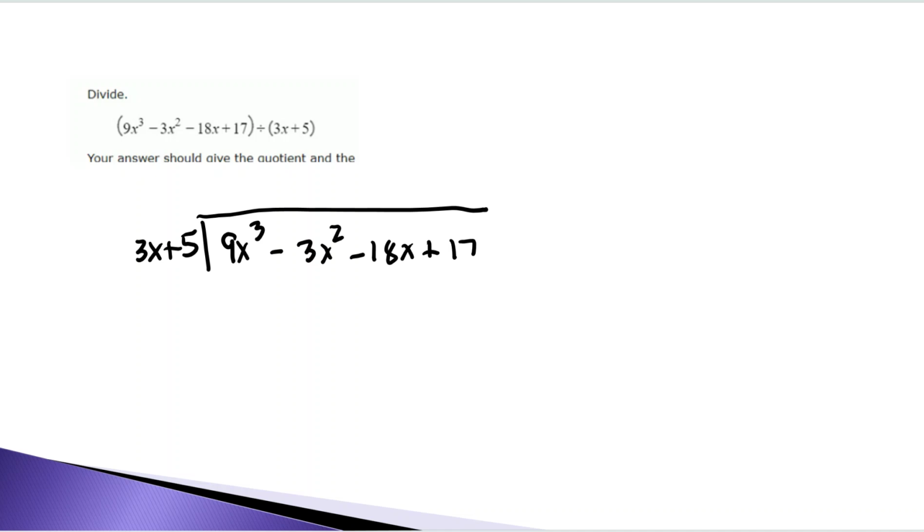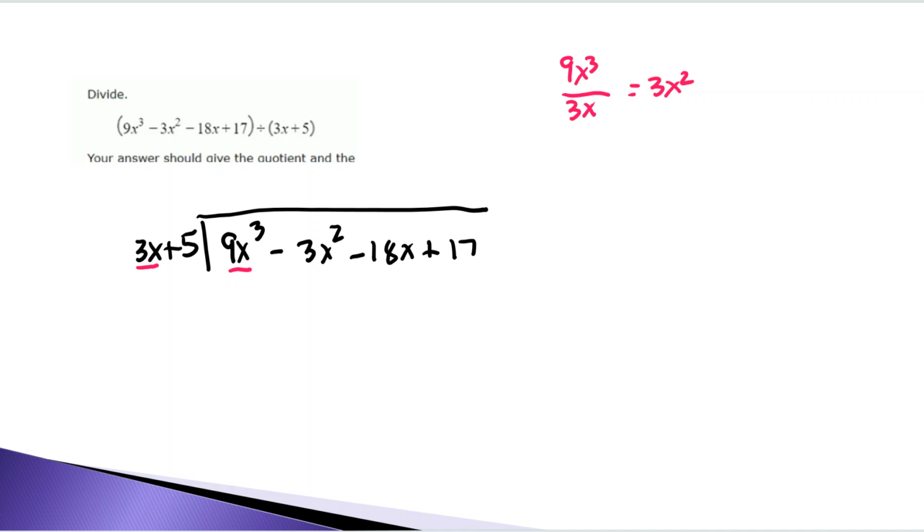And I'm going to start off very similar. I'm going to look at my 3x, and I'm going to say, how many times does that go into 9x cubed? And if I don't know the answer to that, I can just take 9x cubed divided by 3x, and I can simplify that, and that gives me a 3x squared.